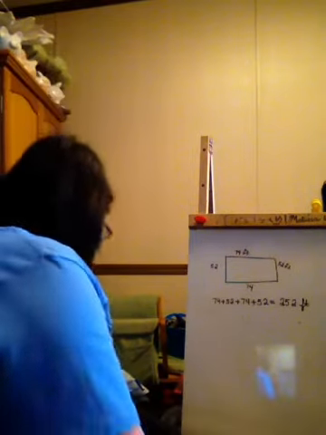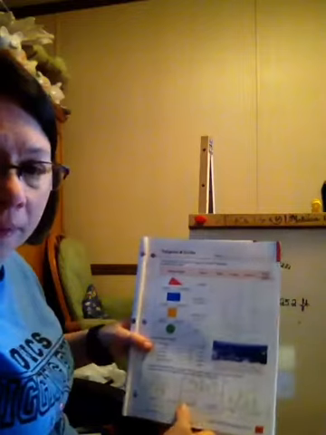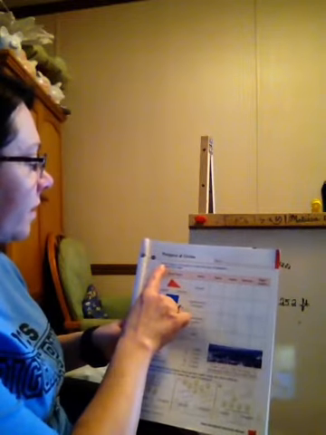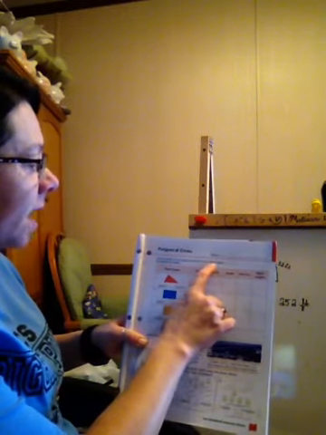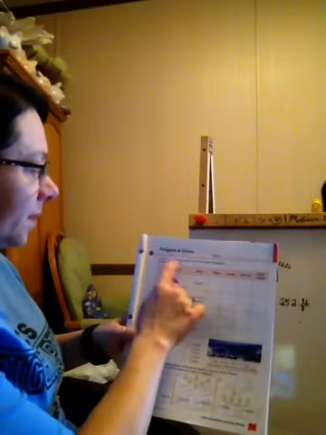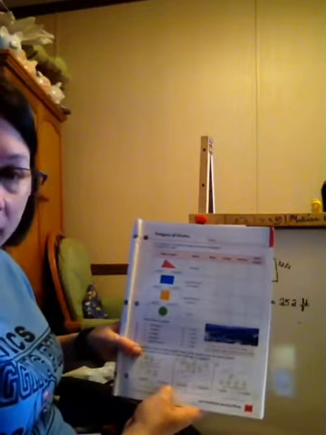Now, I want you to look at your workbook page. And at the top, it says circle regular or irregular to name the type of polygon, complete the table. So we look at number 1 and we have what?